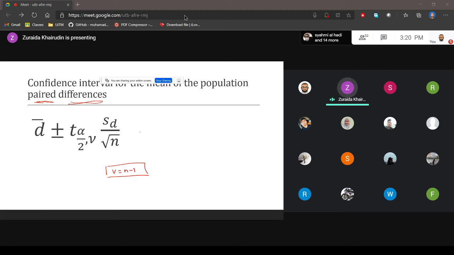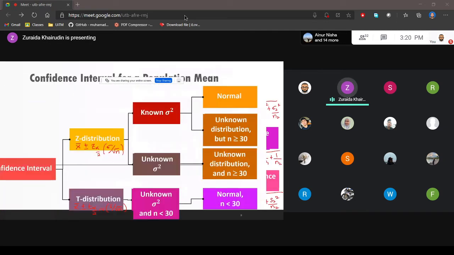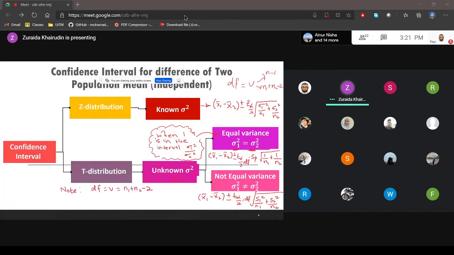Let's say find the 98% confidence interval. So we will use this formula. Why? Because it is the same population. The question number 2 just now was two different populations, and that formula is for two populations.